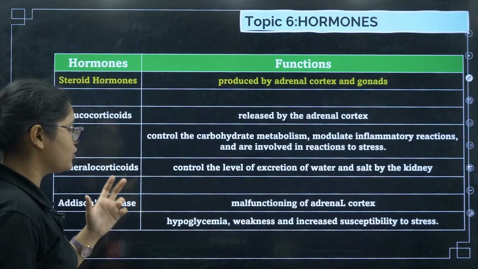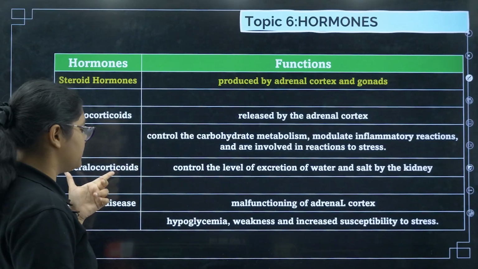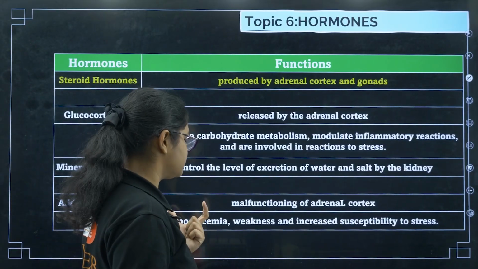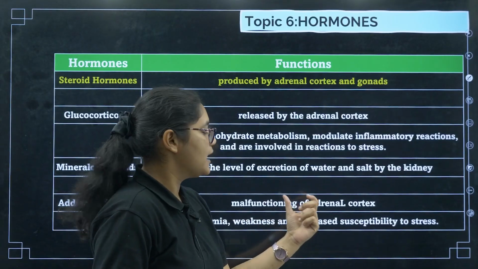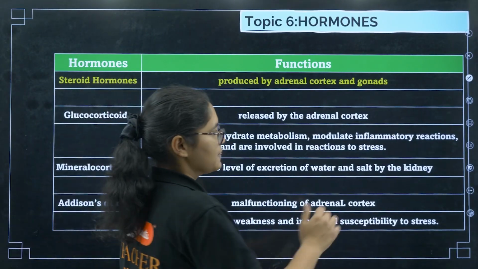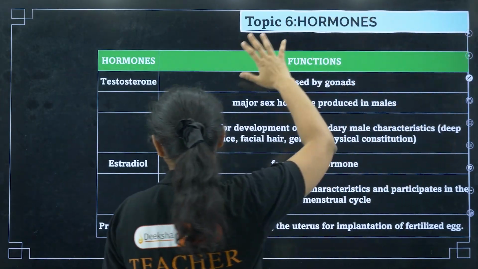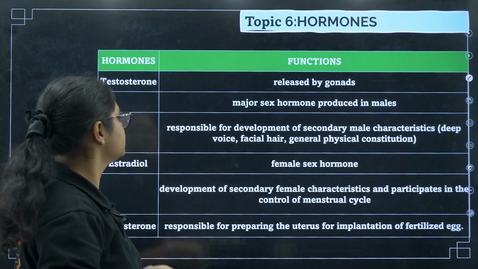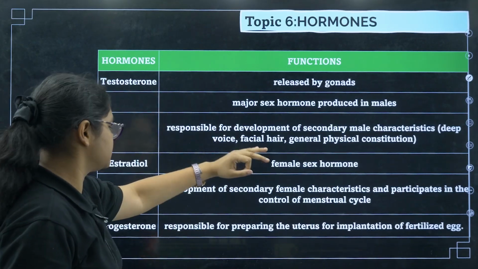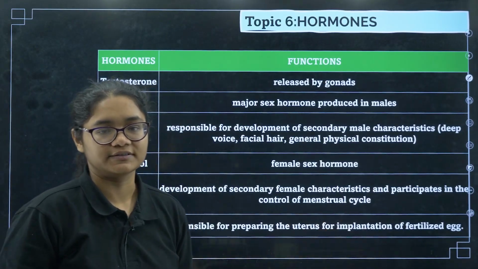It is caused when your adrenal cortex is not functioning properly. That means mineralocorticoids will not be produced properly, and you can find problems like hypoglycemia, weakness and increased susceptibility to stress. Then we have the sex hormones, that is female and male hormones. Testosterone functions are there, estradiol functions are there, and progesterone's different functions are there.